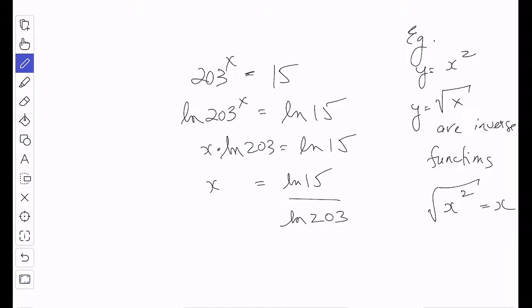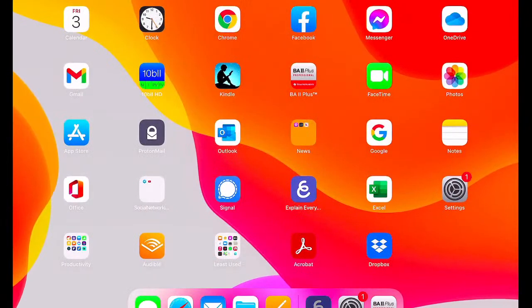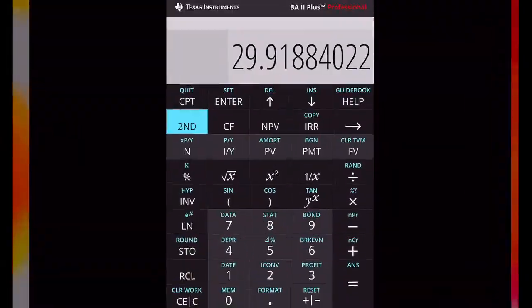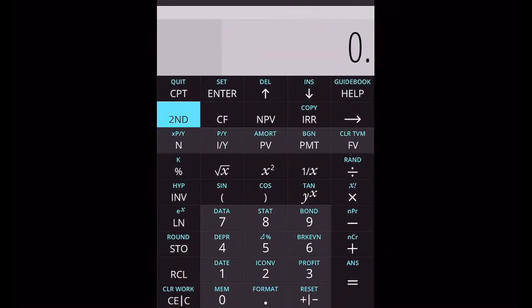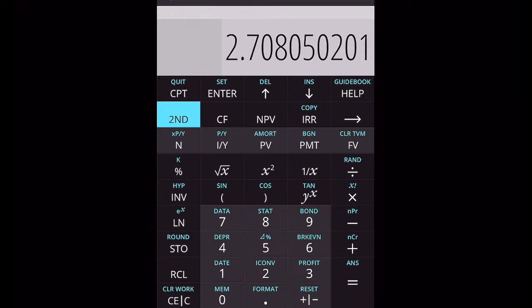And put it in the calculator. 50 log divided by 203 log. So you always have to write the number first, equals, in this calculator. If you have a different calculator, you don't have to do that.